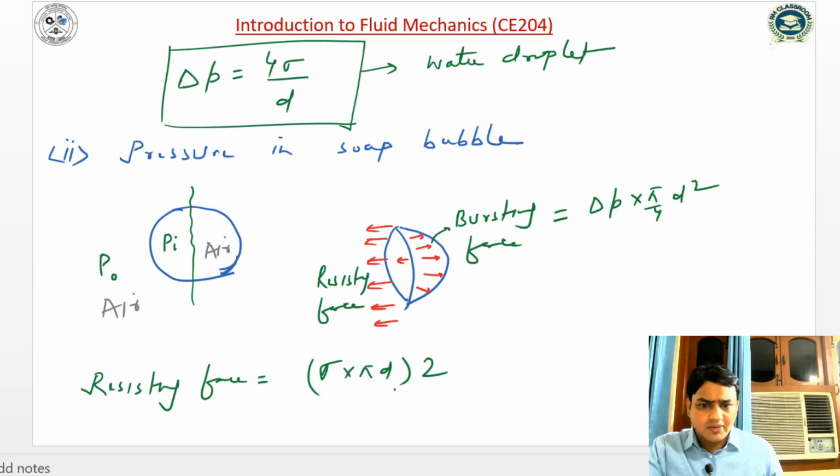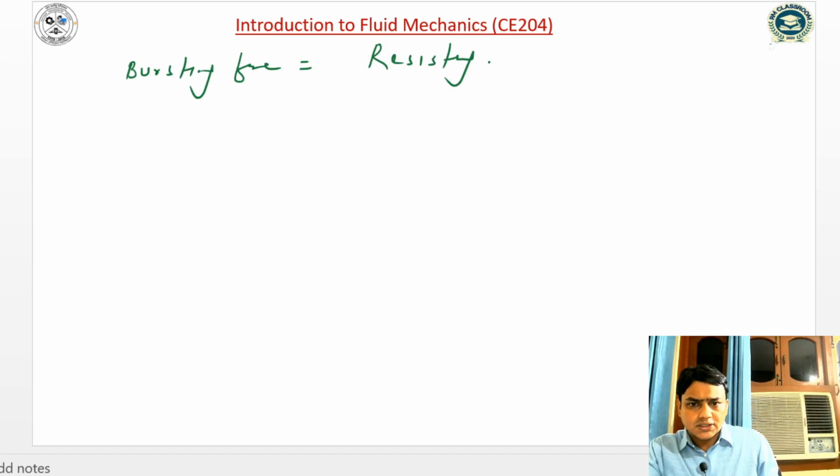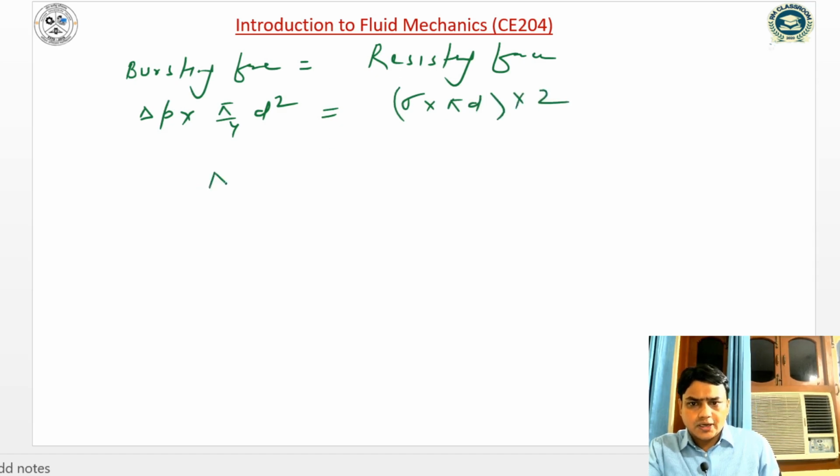If I equate the bursting force and resisting force, delta P into pi by 4 d square is equal to sigma into pi into d into 2. So delta P is equal to 8 sigma divided by d.